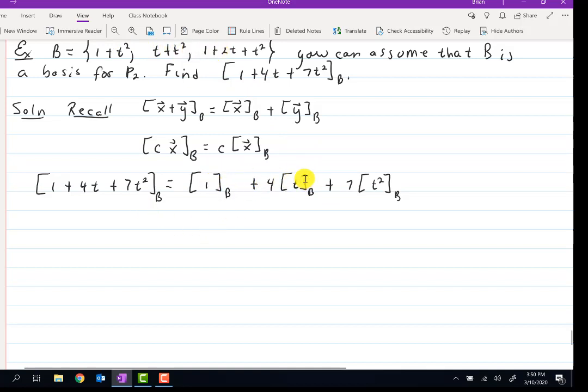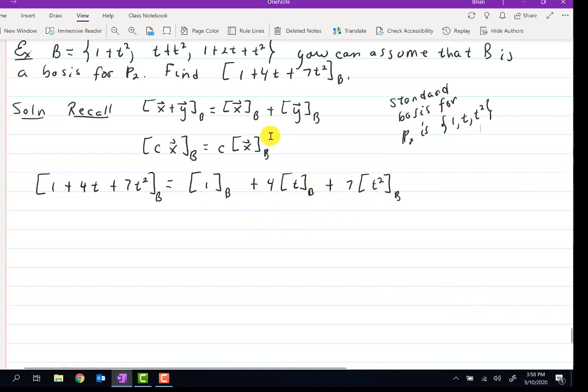These are the standard basis vectors in there. Remember, standard basis. So that's why we might break this up in the following format. Now, if I can find each of these items, I'll be set.